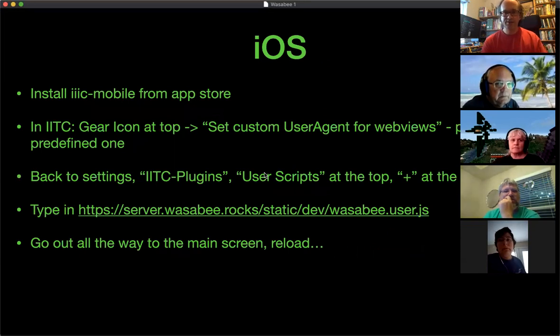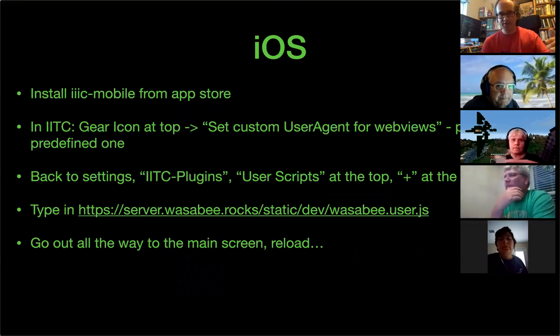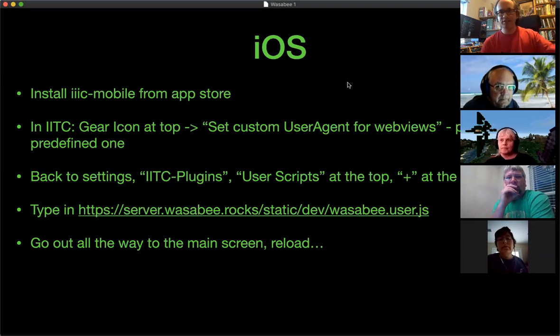On iOS, install IITC Mobile from the App Store. I think there's only one choice now. There used to be more. Use the purple one. At the top, you have to set a custom web view for agents. This is the step that everyone skips over, so I put it first here. All this does is make IITC lie to Google and tell it that it's a known browser.